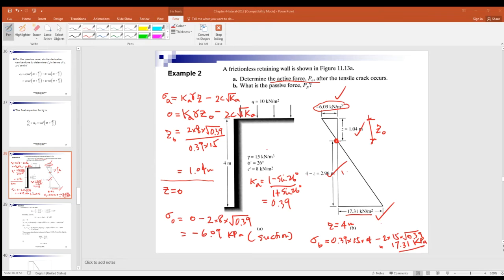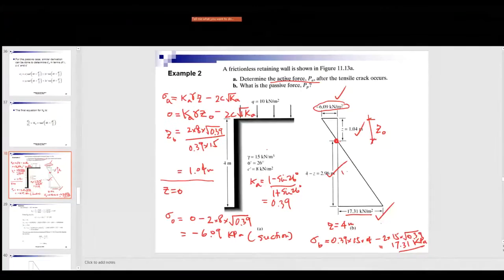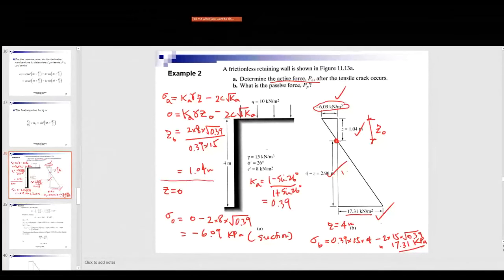Is that clear? Everyone happy with the explanation for this example?